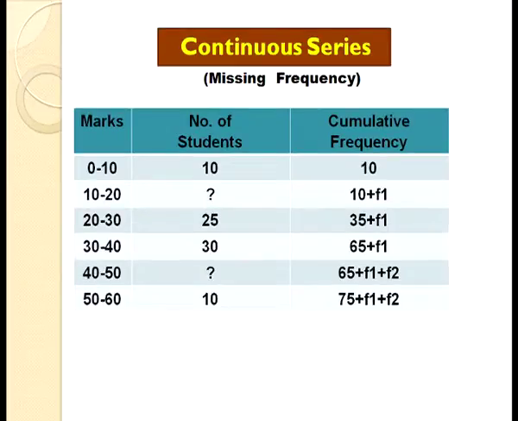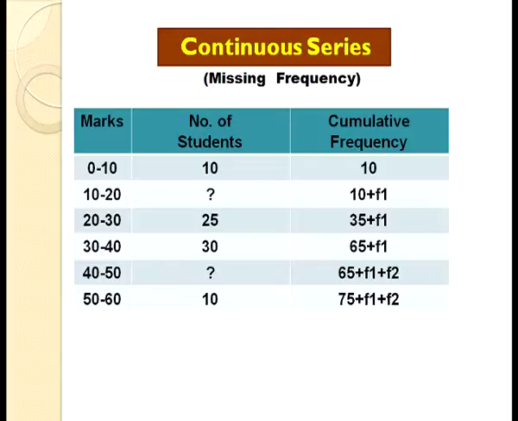In the very first step, we have already seen the data is arranged in ascending order. The next step, we are going to compute cumulative frequency. For the first frequency which is missing, we denote it as F1. For the next missing frequency, it is denoted as F2.